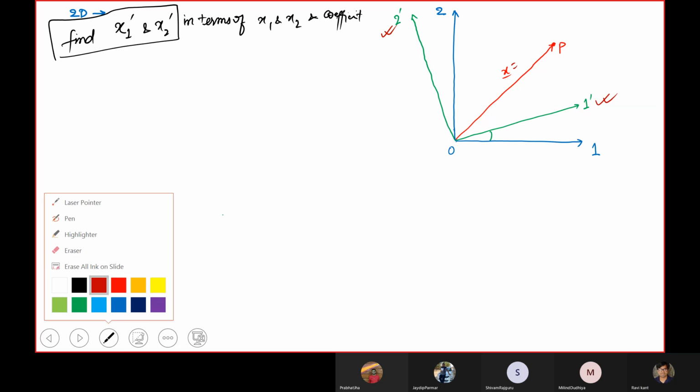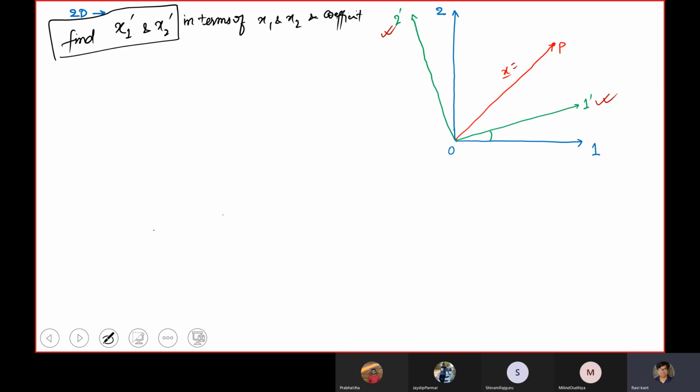So in order to do that, what should I do? I want the perpendicular length. I need to devise this length, and what this length is on this particular axis. As long as you find this one, you will find basically this component. Let me draw one more thing.